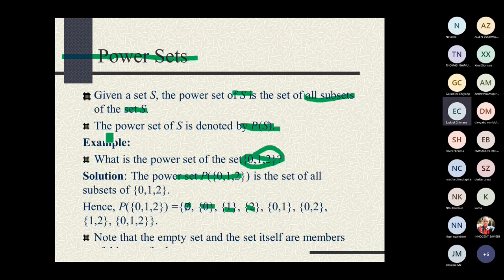Like here it's 2 to the power 3, which will give you 8. So you need to come up with 8 subsets. Let's take note that the empty set and the set itself are also members of a power set.